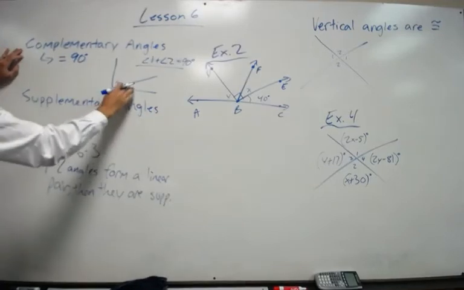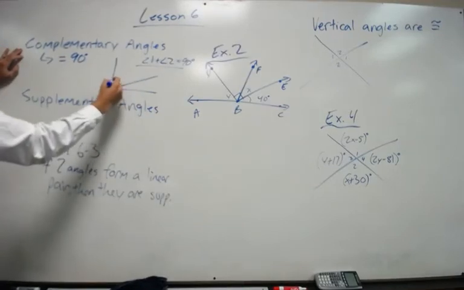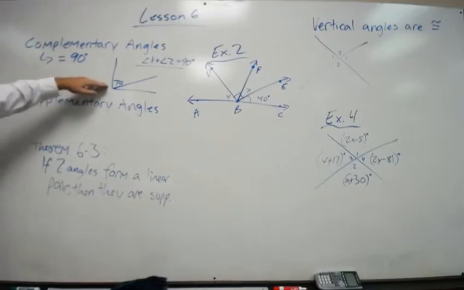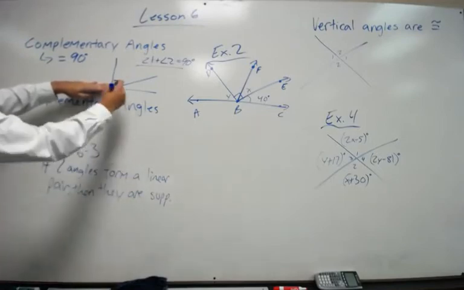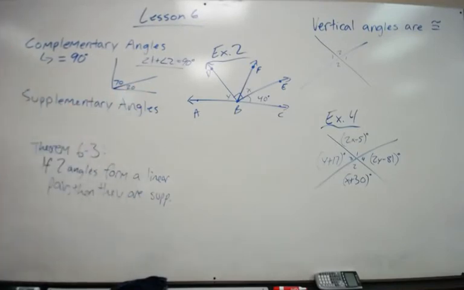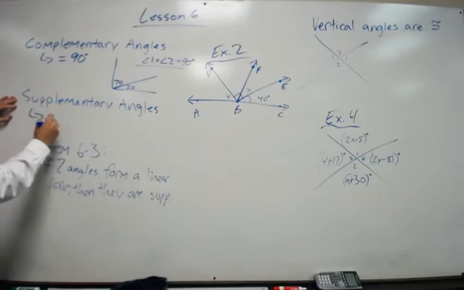So if this angle was 70 and we knew that the problem said they're complementary, we would automatically know that this angle is 20. Those are complementary angles.